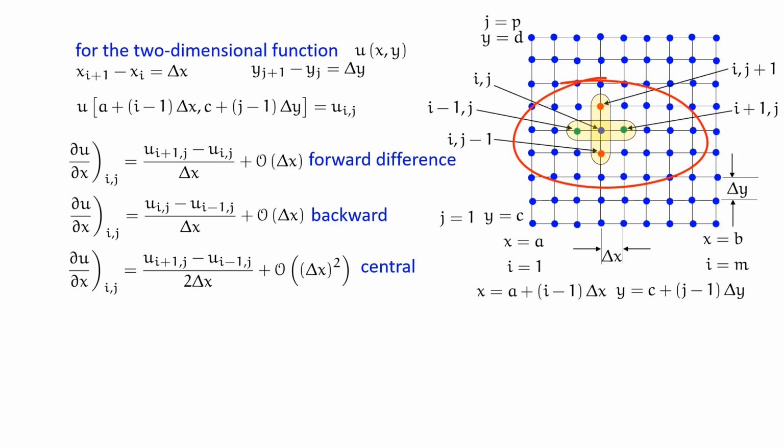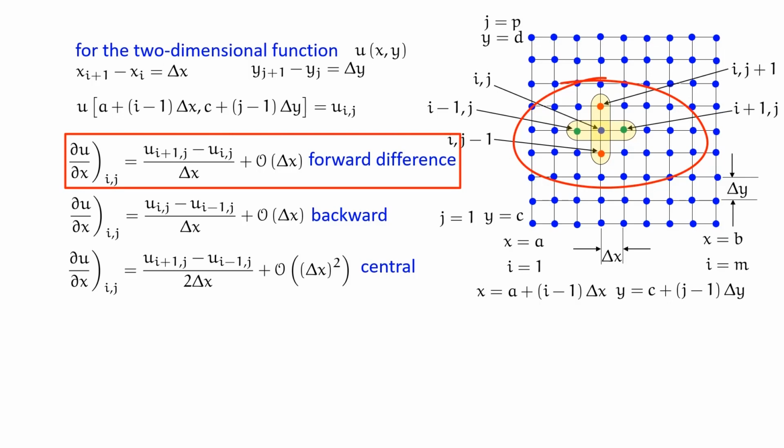Again, in forward difference, we take (i plus 1, j) and ij, and this difference is divided by the distance between them, that is delta x.